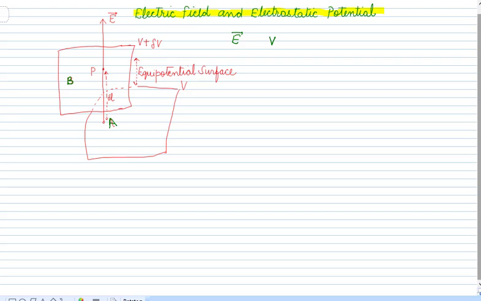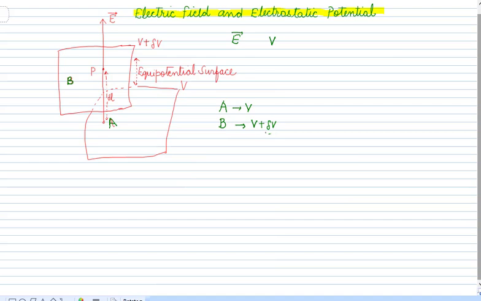Let us say that at equipotential surface A, the potential is V, and at equipotential surface B, the electrostatic potential is V plus delta V. That is, a slight amount of potential is added.